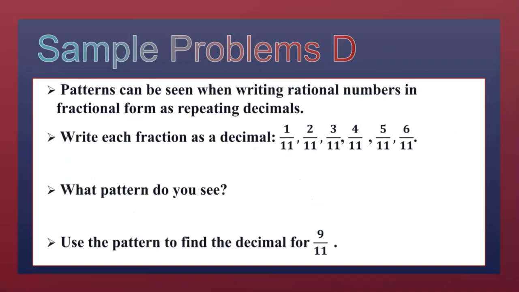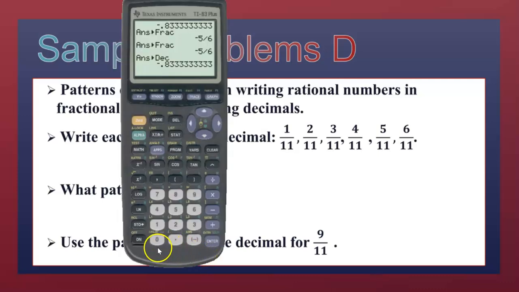Next, we're going to be looking at patterns with repeating decimals, or even if they're not repeating. Patterns can be seen when writing rational numbers in fractional form as a repeating decimal. We're going to look at these fractions, convert them to decimals, and look for a pattern. The quickest way is to put this on our calculator.